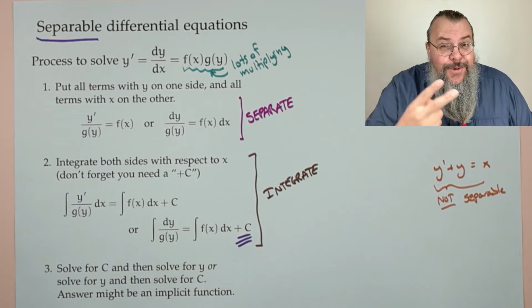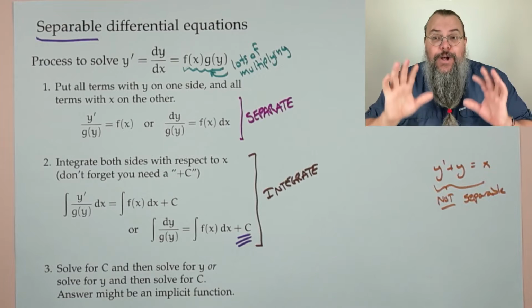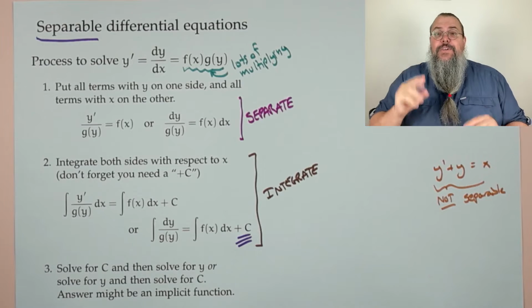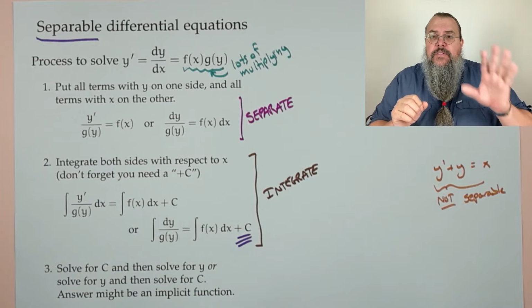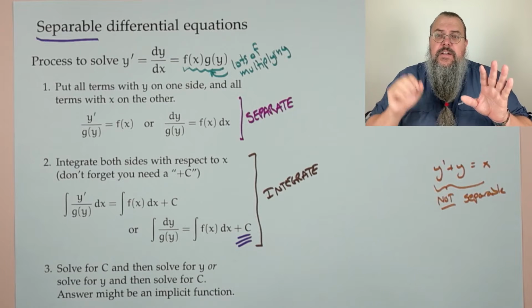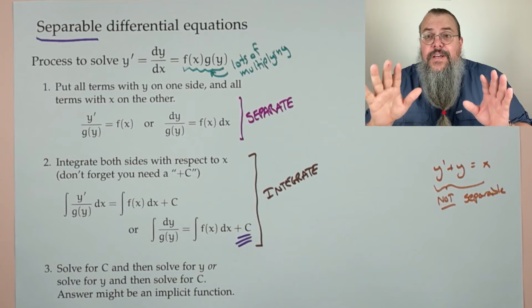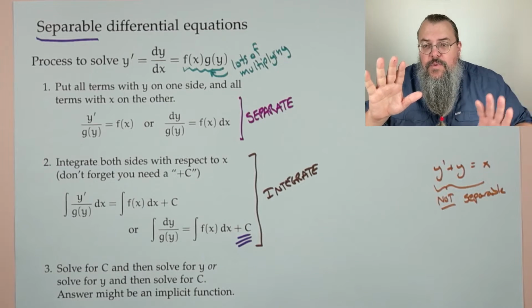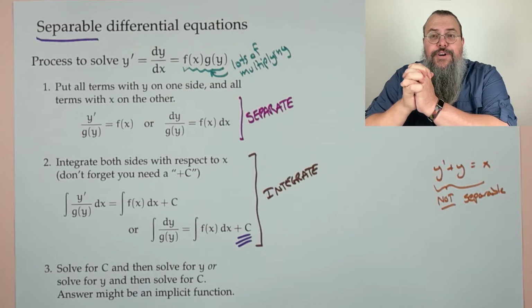Shouldn't there be two constants? I see where you're going with this. No. The reason we don't need two constants is because if there's a plus c on the right-hand side, and a plus c on the left-hand side, or maybe I should use the letter d, we can move the constants over and they can merge.